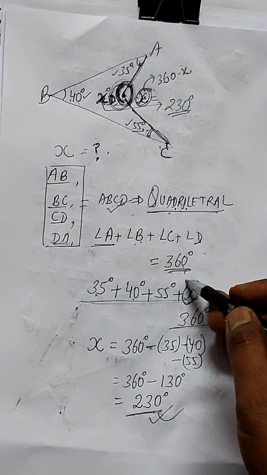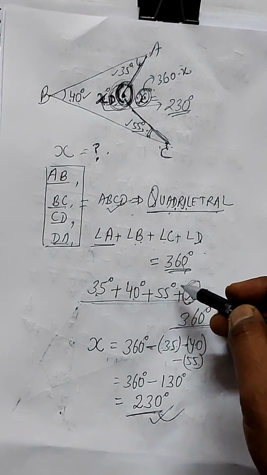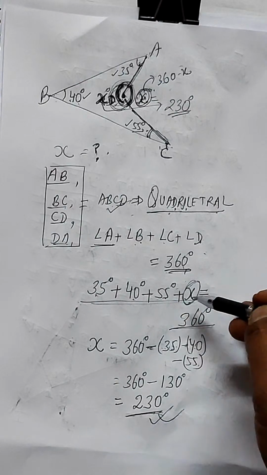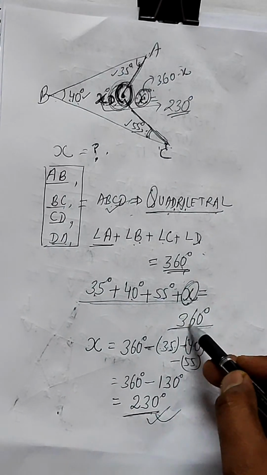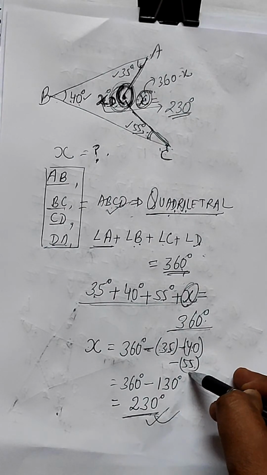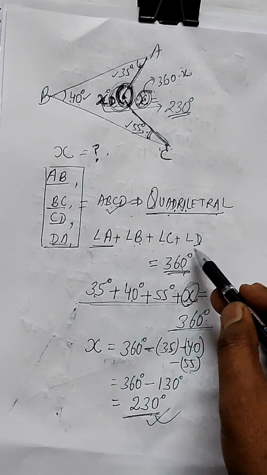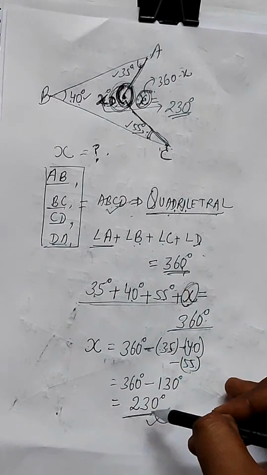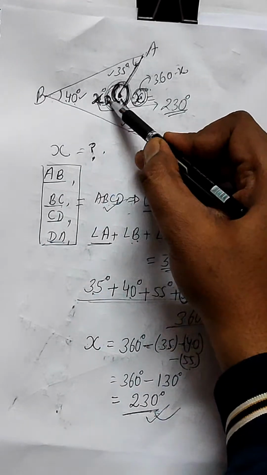So in this way we have calculated the value of x: just subtract from 360 minus 35 minus 40 minus 55, because we know that the sum of all the angles of a quadrilateral is 360 degrees. So we get the value of x as 230 degrees, this one.